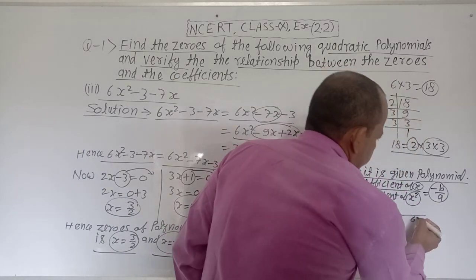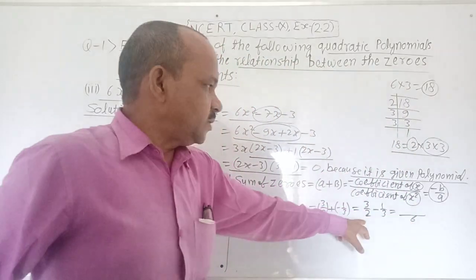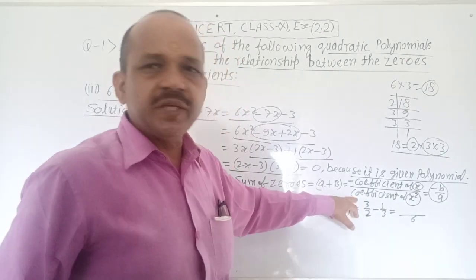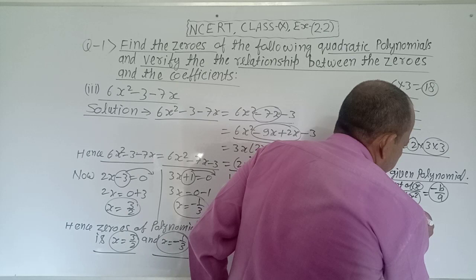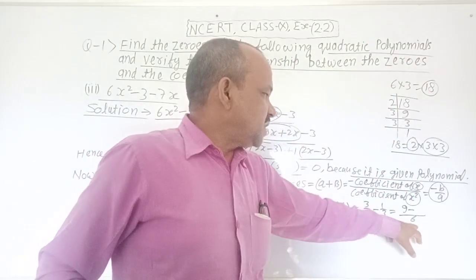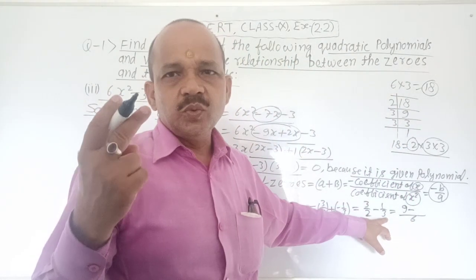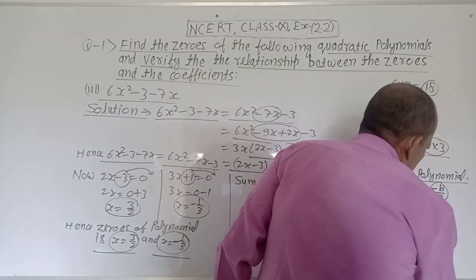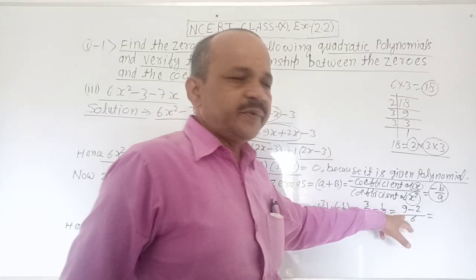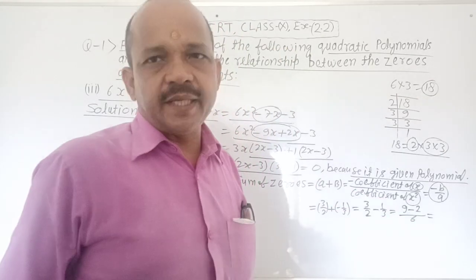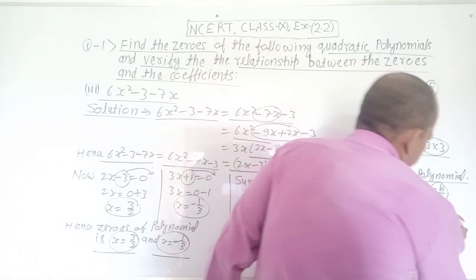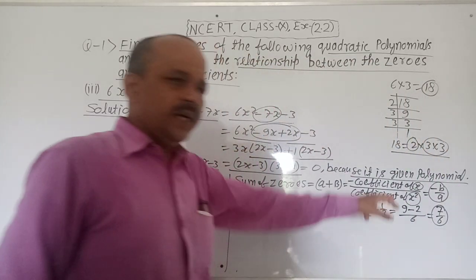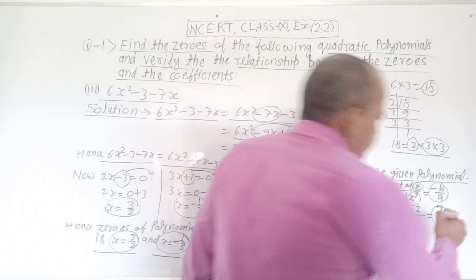Here 6. You divide 6 by 2, you find 3. 3 multiply 3, you find 9. Here 6 divided by 3, you find 2. 2 multiply by 1, you find 2. Now you subtract 9 and minus 2. Clear? It becomes 7 by 6. 7 by 6 answer.